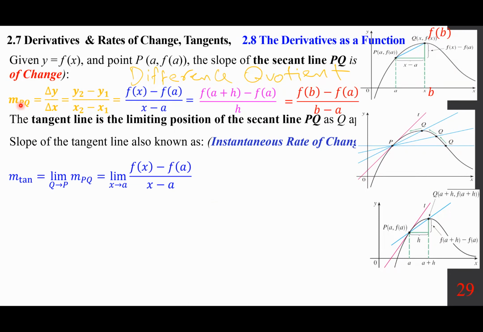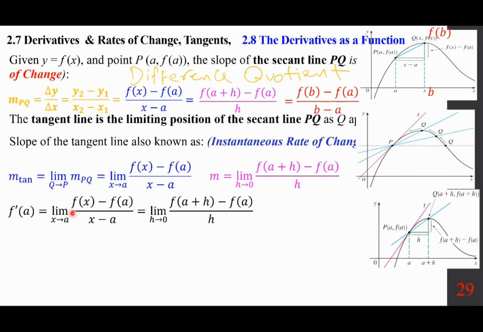M of the secant line versus the M of the tangent line would be the limit of M of this PQ as Q approaches P. Or if you look at this one, as X approaches A, this one as X approaches A. For this one, as H approaches 0.